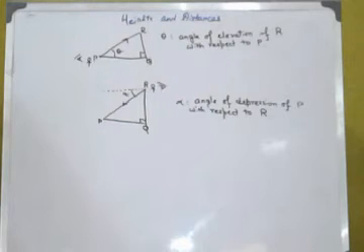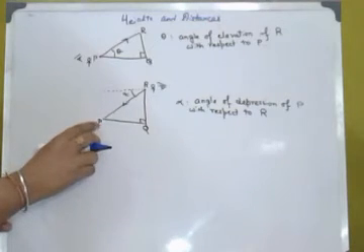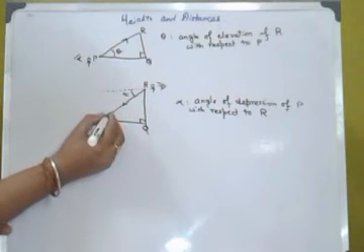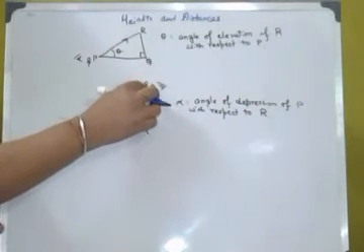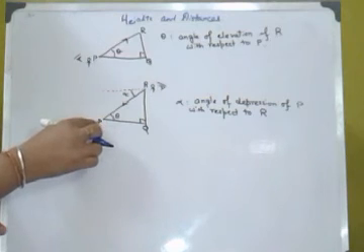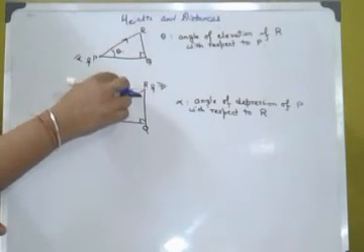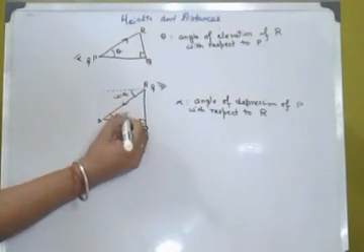So if the observer is standing at P and he is looking up at R, then the angle is called the angle of elevation. But if the observer is standing at R and he is looking at P, this angle is called the angle of depression. Now these two angles are equal.